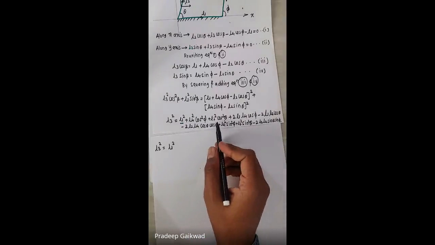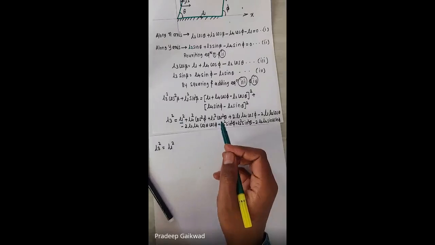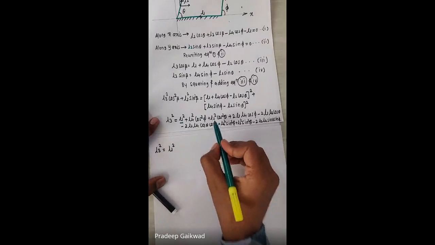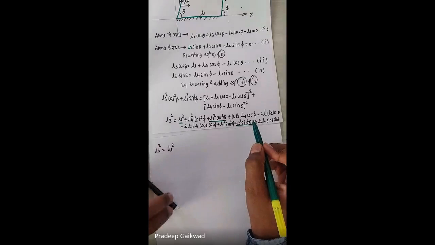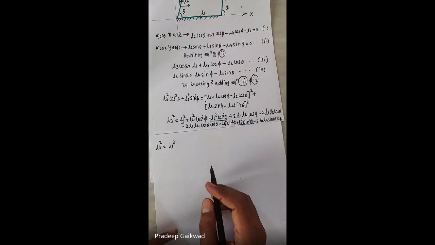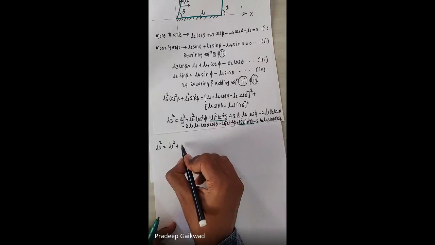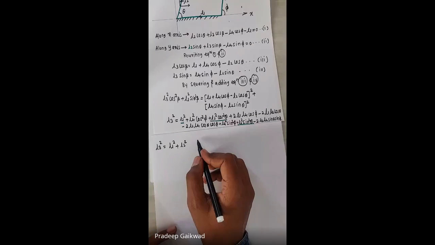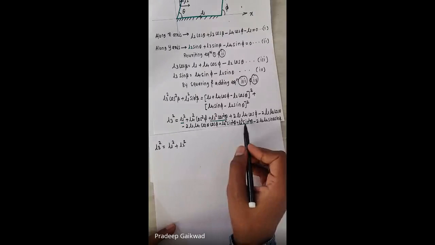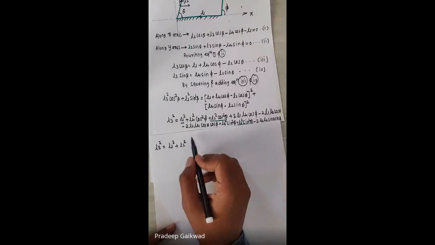Next, what about L2 square? Check the terms of L2 square. Take common terms of L2 square. So this one is L2 square cos square theta and L2 square sin square theta. It is nothing but L2 square in bracket cos square theta plus sin square theta. That term is 1, so I'm not writing cos square theta plus sin square theta again.